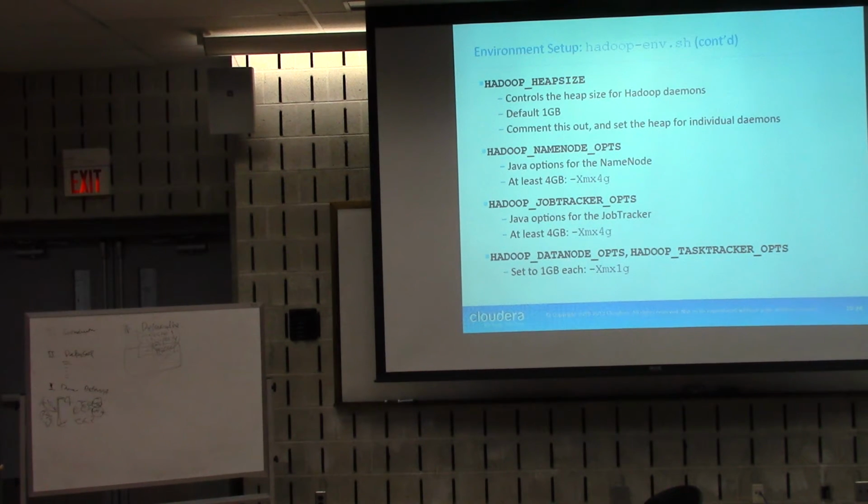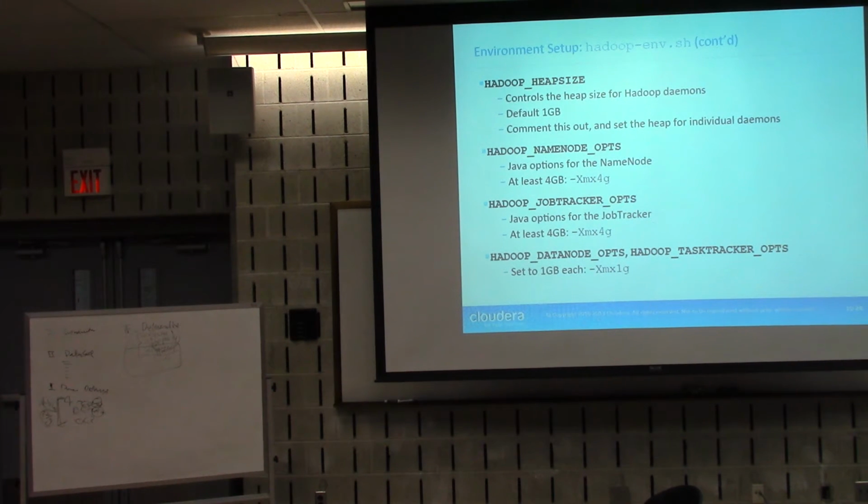And heap size default is 1 GB. If you believe that your job needs more memory, you can change it here. This can always be overridden by the option when you run your command.